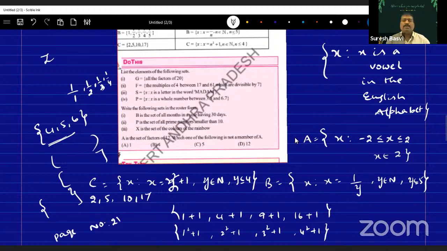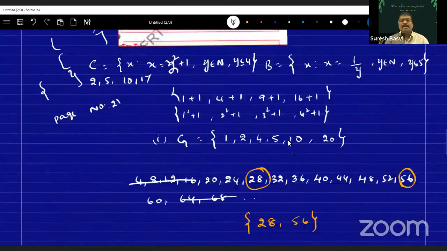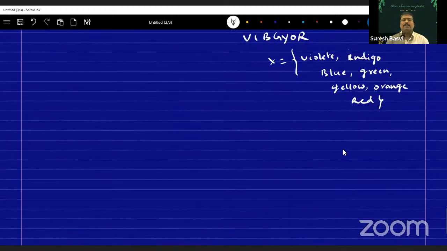Not a member of A means they are not in A, they do not belong to A. So first you can write all the factors of 12, one and itself. So 1, 2, 3, 4, 6 and 12.